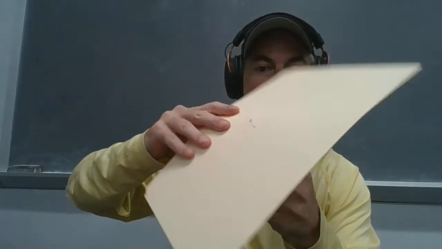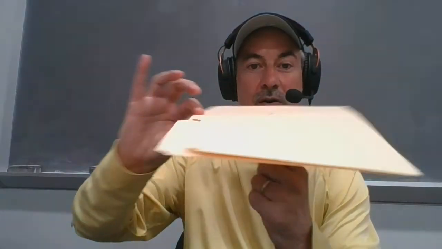Got the z, got the x. What am I missing? The y. No problem. This is rotation about the y-axis. So 3 dimensions of straight line, X, Y, Z. 3 rotational dimensions. The rotational dimensions occur about the X, about the Y, and about the Z.